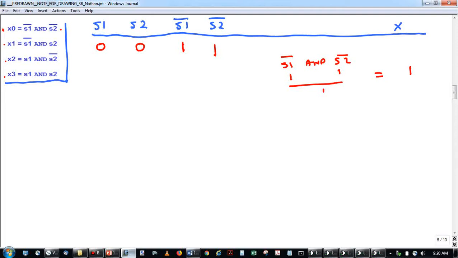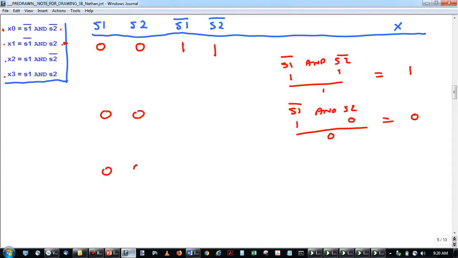Okay? So let's look at the next one. We're still in S1 is 0 and S2 is 0. And the next statement is not S1 and S2. You see the second one here? So what's this? 1 and 0 is 0.